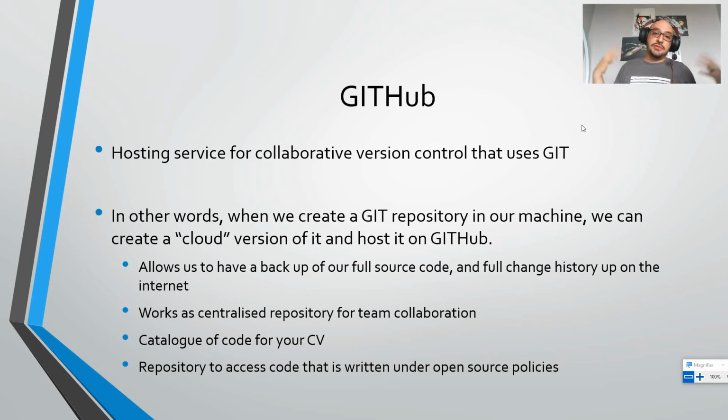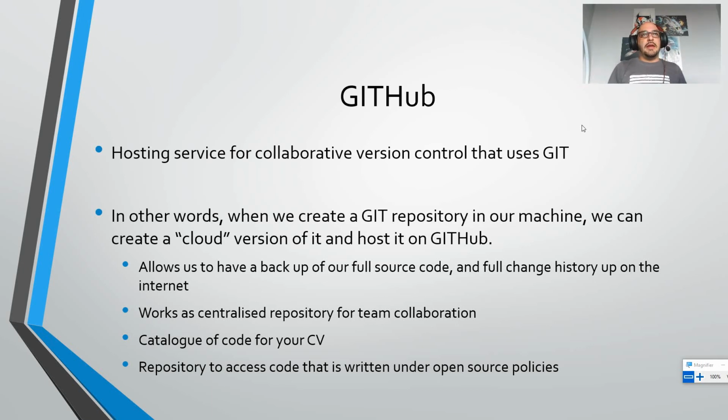So if you put your source code from college, for example, in your GitHub account, you can put your GitHub account in your CV, so then your potential employers can see the quality of your code. And also, it works as a repository to access code that is freely available because it's open source.